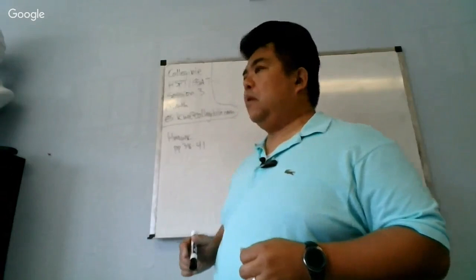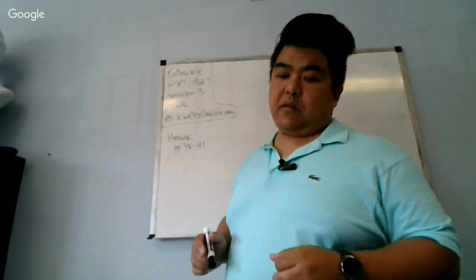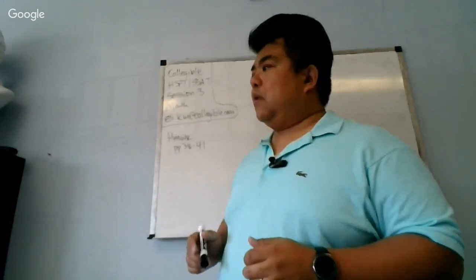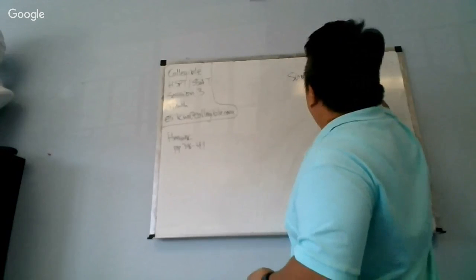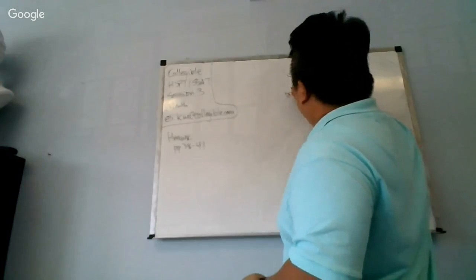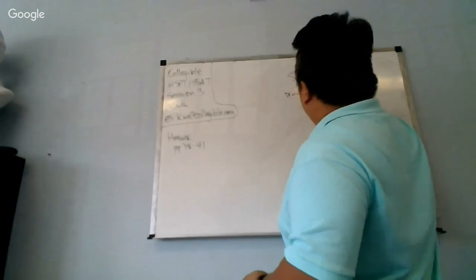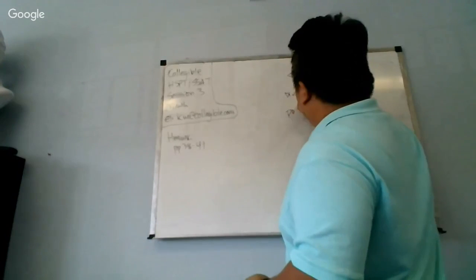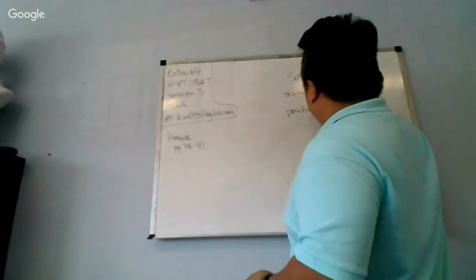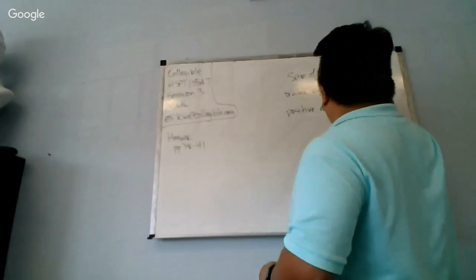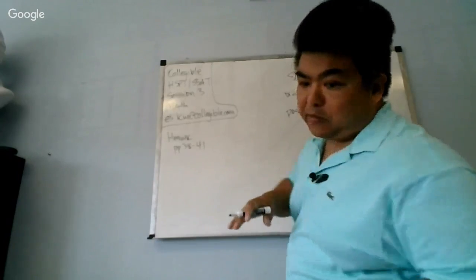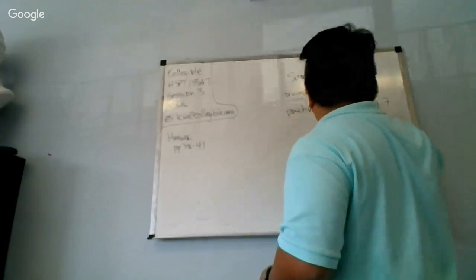All of this. 6 over 9. And 2 and 7. Is it 2 and 7 or 7 and 2? It's 7 and 2.